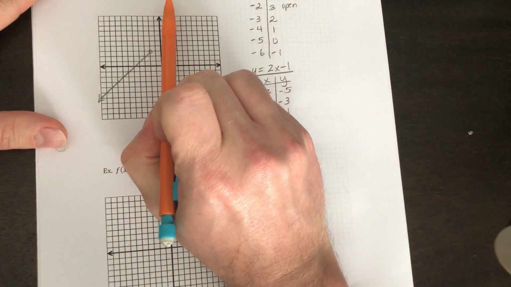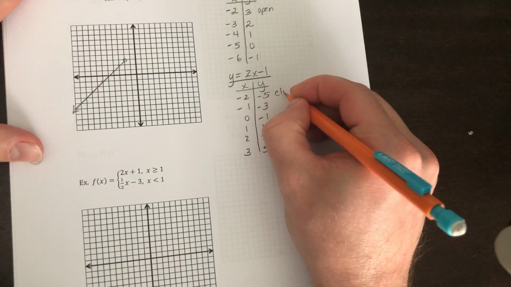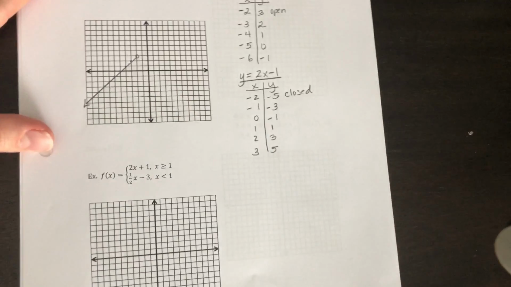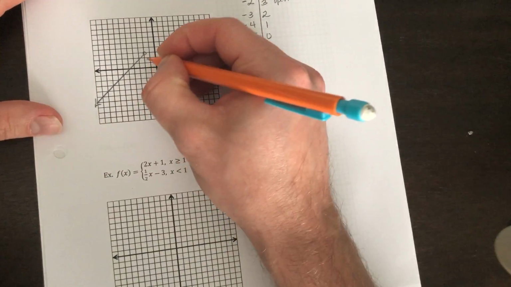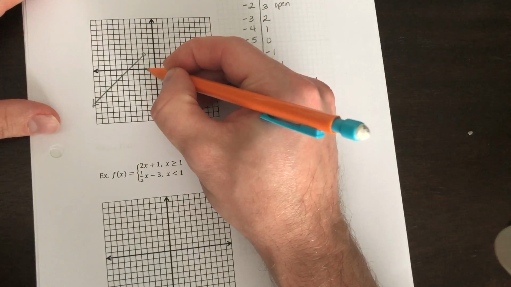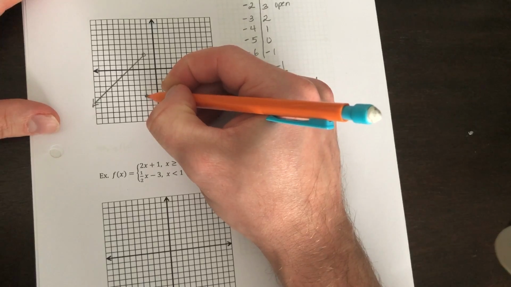Now this is going to be a closed point at x is equal to -2 because of the equal to sign. So I'm going to write closed, just so I know. Okay, so I'm going to go to the point -2, -5, then 1, 2, 3, 4, 5, like that.